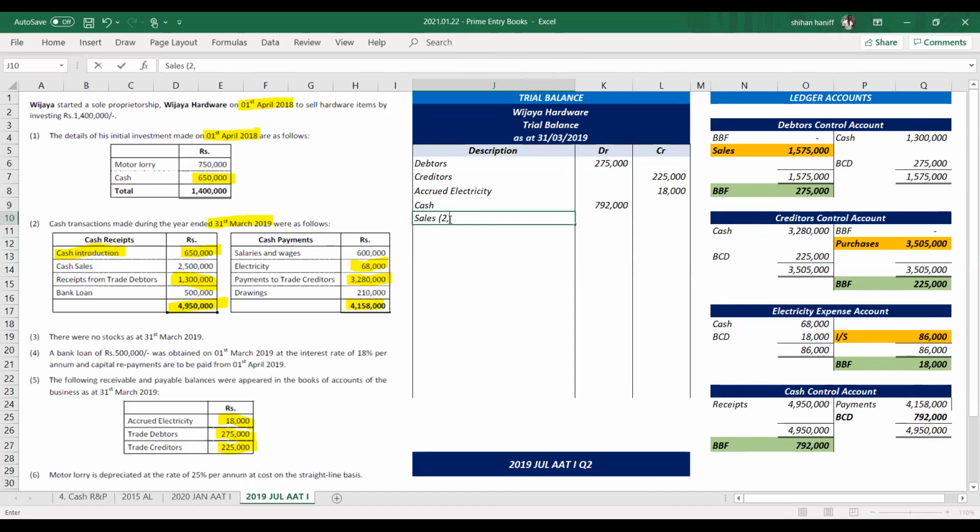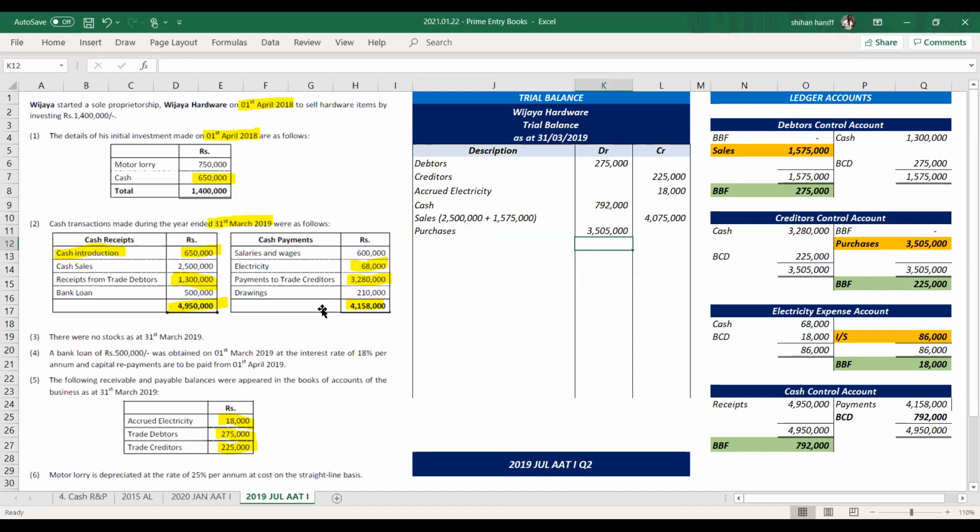Cash sales 2.5 million plus credit sales 1,575,000. Purchases, only credit purchases.